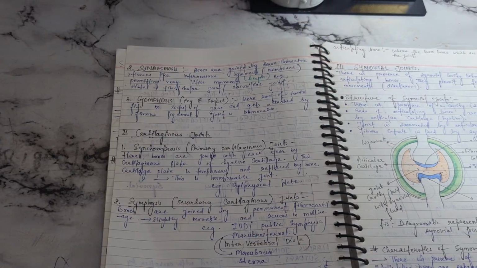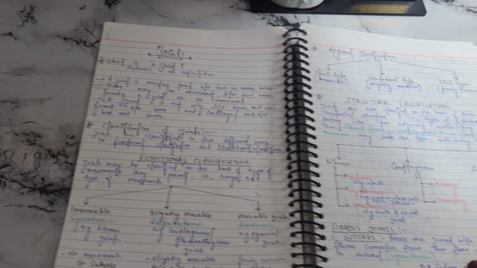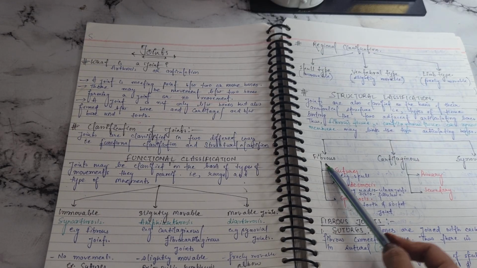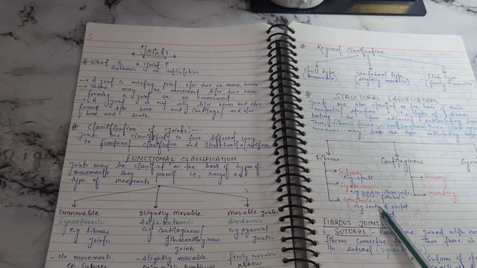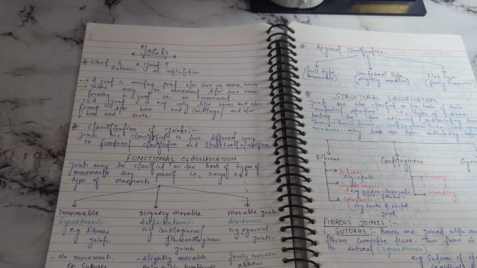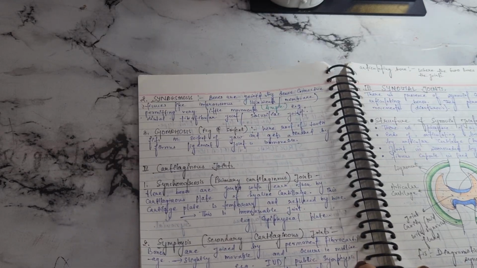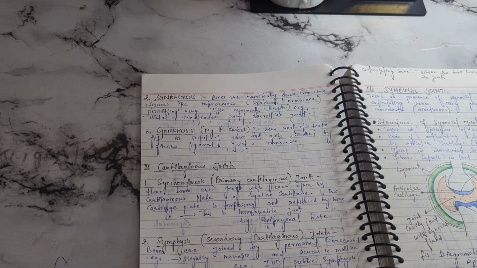Next we study syndesmosis. The other classification of fibrous joint is syndesmosis. Examples of syndesmosis are the radioulnar joint and the tibiofibular joint. Inside the syndesmosis, the bones are joined by dense connective tissue, like an interosseous ligament or membrane.